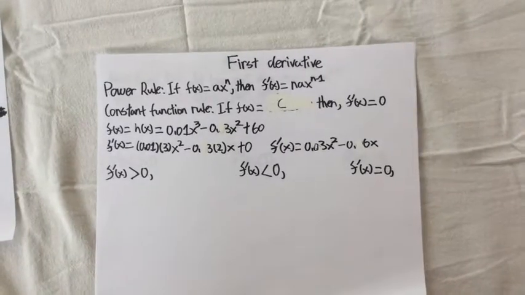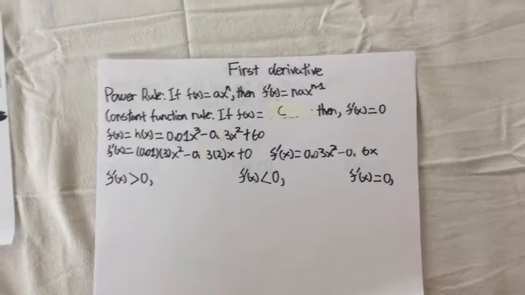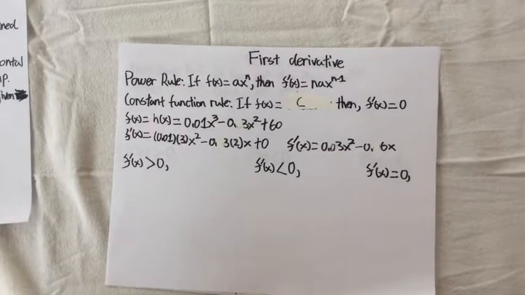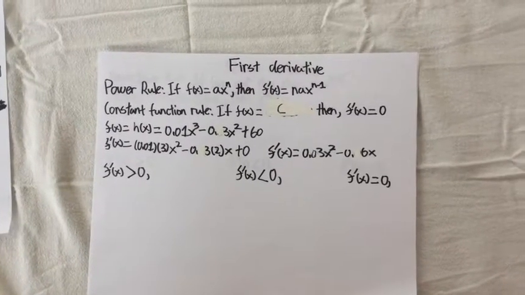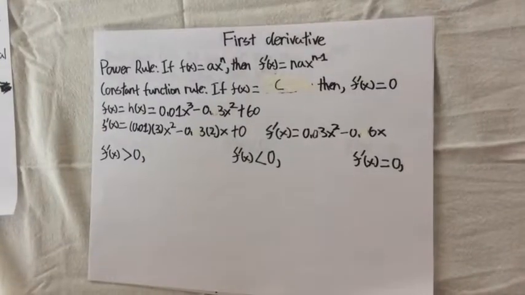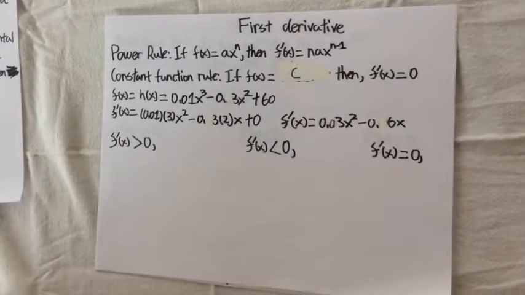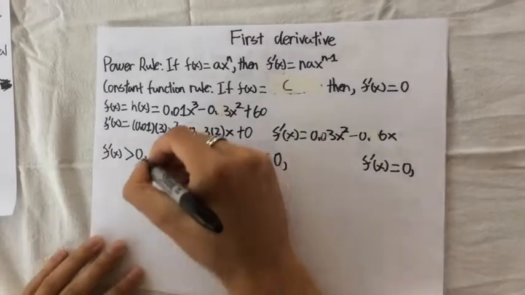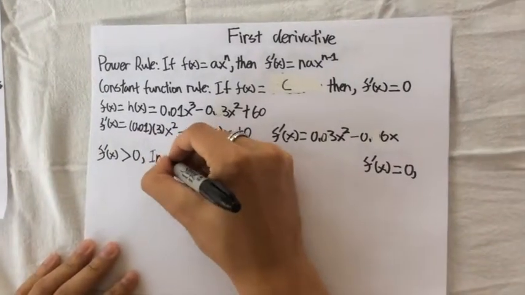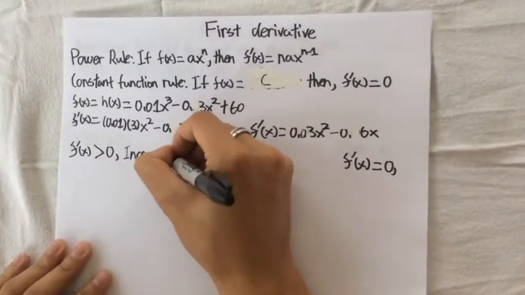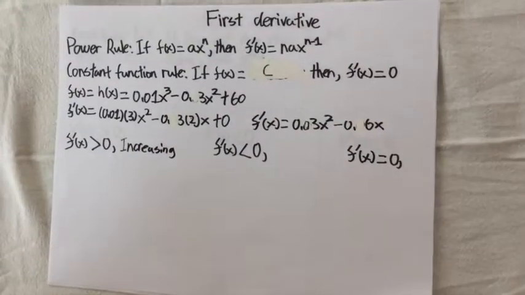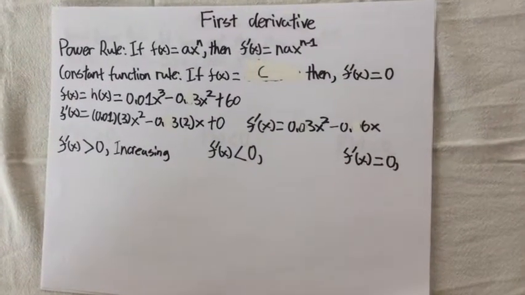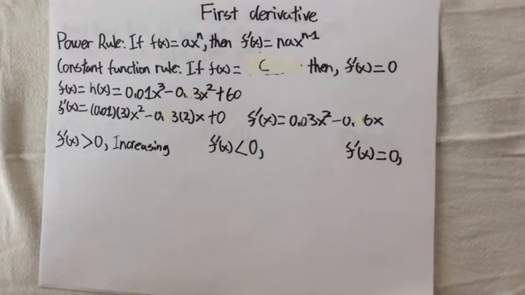So what happens if the first derivative is greater than 0, less than 0, or equal to 0? If f prime of x is greater than 0, then the function is increasing. And this means the slope of each x value will get greater as the x value increases.